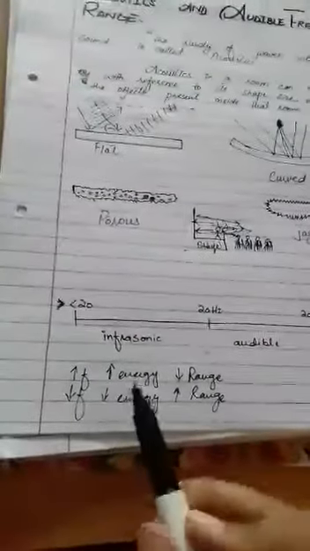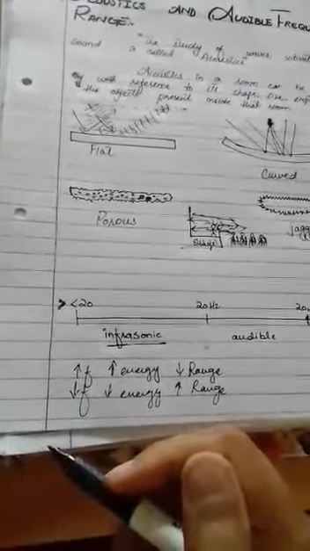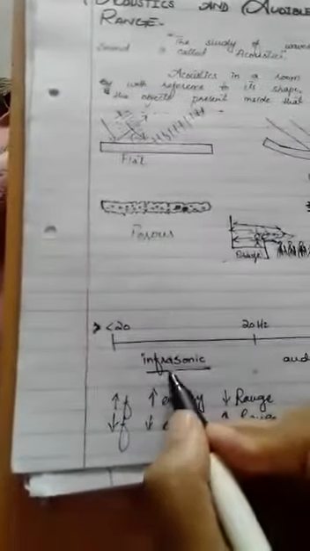That's why whales can communicate with each other in the ocean through infrasonic sound waves. These infrasonic sounds can travel much farther than any other sound, but they are low in energy and low in frequency.